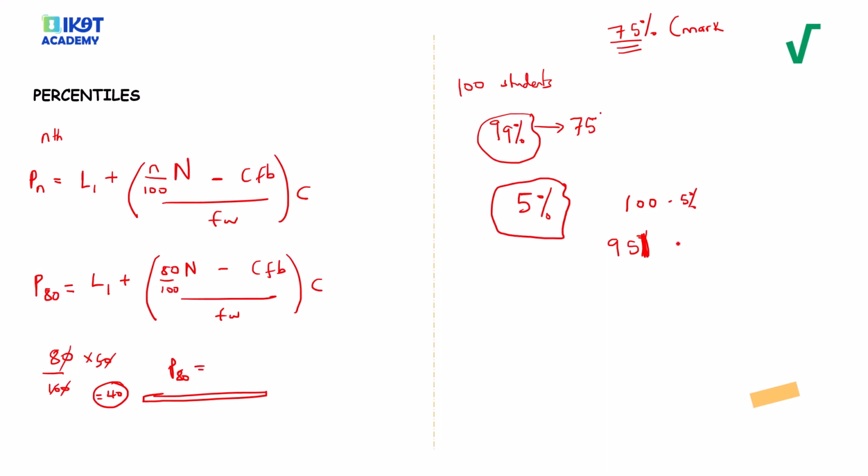So if I want to find the pass mark, and I only want 10% to pass, I'm going to say 100 minus 10. I get 90. So at the 90th percentile, 90% of the students are below it.